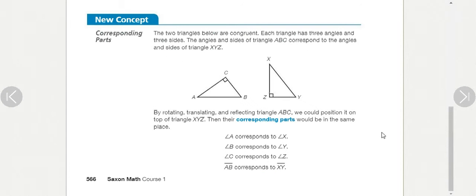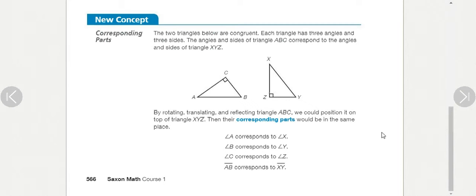The two triangles below are congruent, ABC, XYZ. They have 3 angles and 3 sides each. If they're congruent, all those 3 have to be the same. The only difference, of course, the way the triangle's sitting and the letters. So you could say A corresponds to X, B corresponds to Y, and such. Line AB corresponds to side XY.